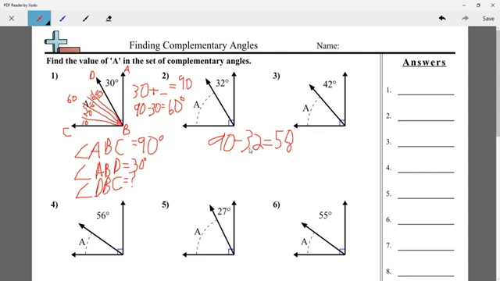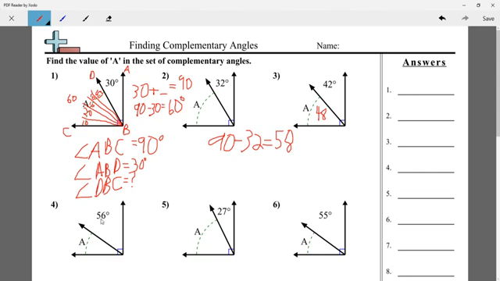Because 90 minus 30 is 60, minus 2 is 58. Minus 42 would be 48, right? We're just doing 90 because these are all right angles, because we know they're right angles because of this square here on the corner. And these two angles inside always have to add up to the larger angle.